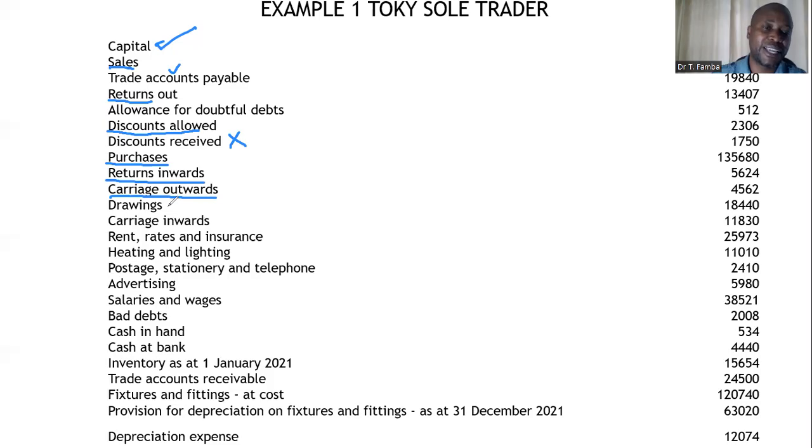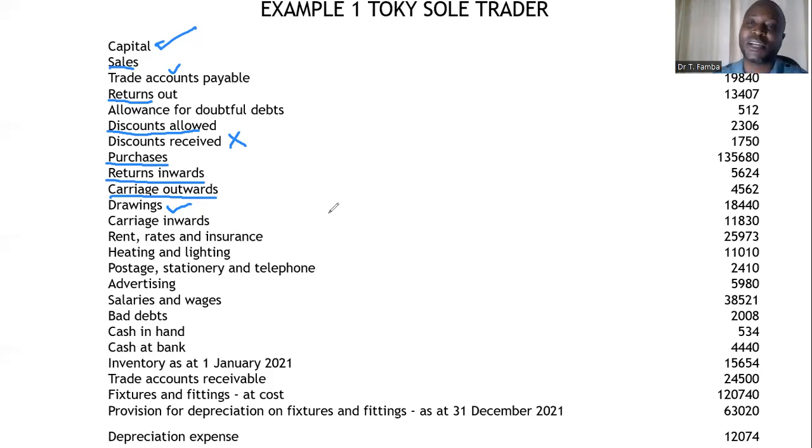But drawings here, these are the money that is actually being withdrawn by the owner of the company. This is a sole trader. So sometimes the sole trader, the owner manager, may decide to use some money for personal use, or may decide to take some inventory for consumption or for other purposes that are not related to the business.